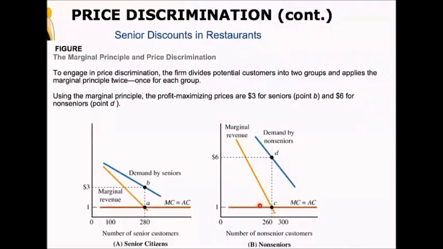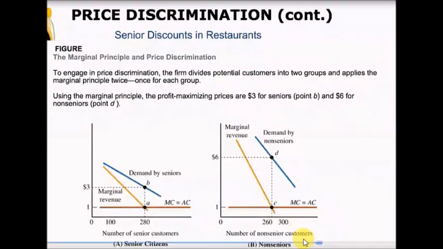When we do that, we can see that this restaurant is going to charge seniors a price of $3 and non-seniors a price of $6. In essence, we're going to look at the group with the elastic demand curve and charge a low price, and the group with the relatively inelastic demand curve and charge them a higher price. This is how we can maximize profits.